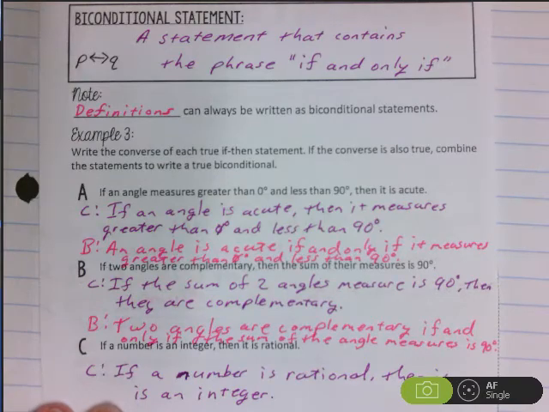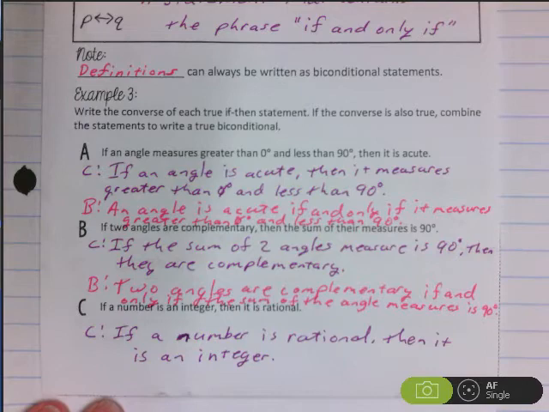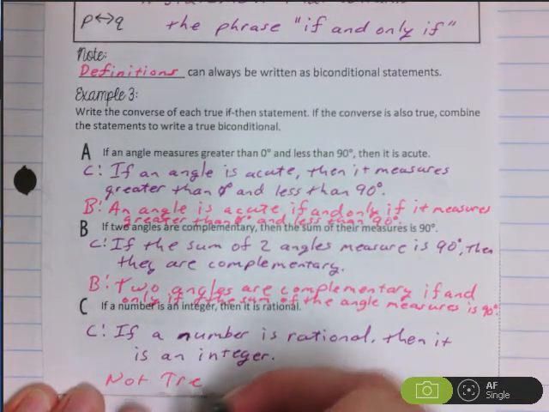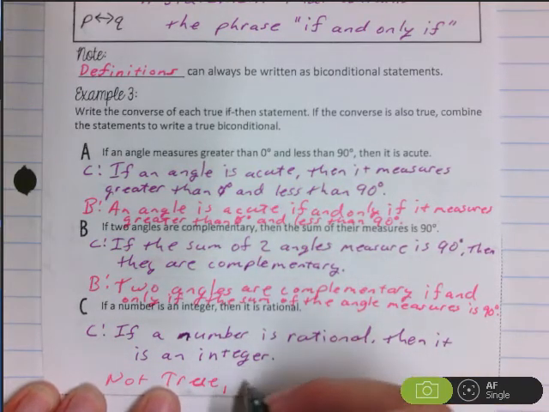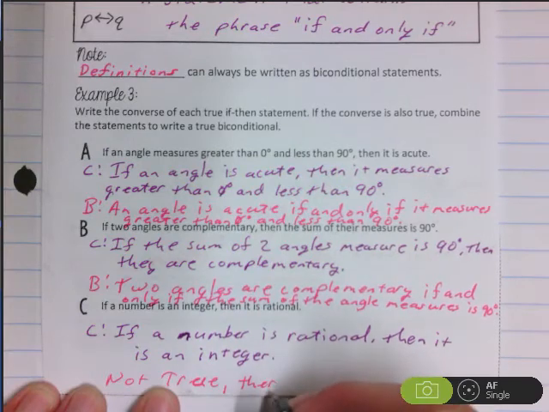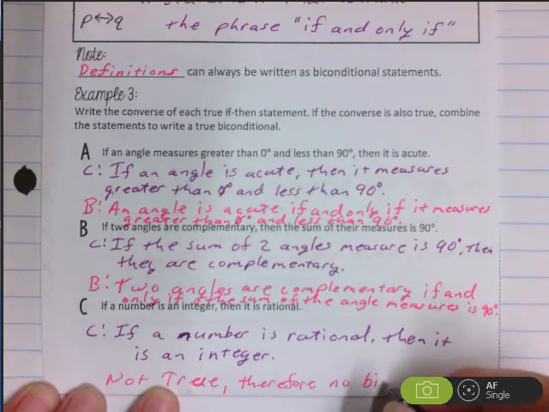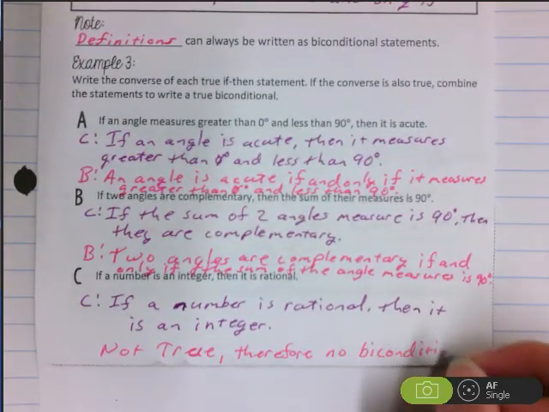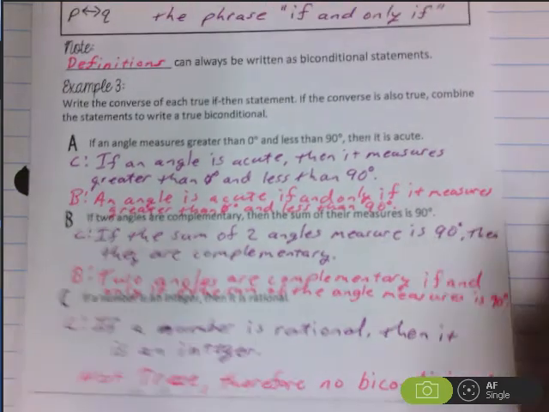Integers are whole numbers. Is this a true statement? This one is not a true statement. So we're going to put not true. Therefore, no biconditional. We can't write a biconditional if the converse is not true. Alright, so let's continue moving on here.